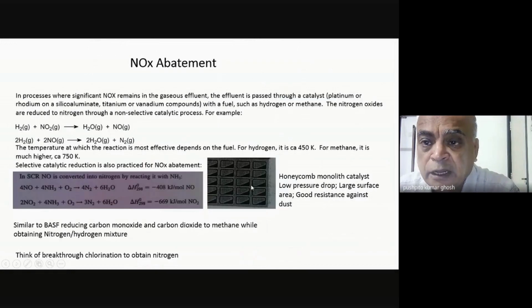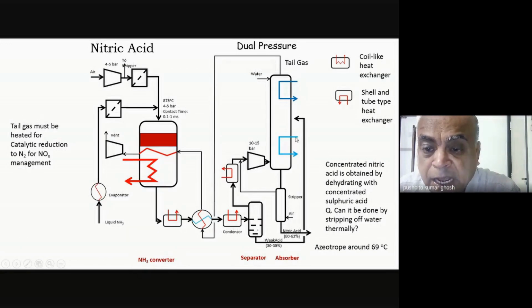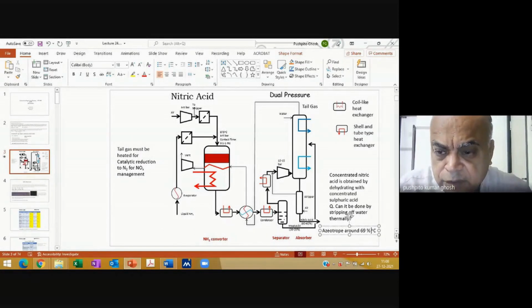Over here, what is happening is that after this second absorber, the nitric acid that you're getting is something like 60 to 62%. The azeotrope of nitric acid is at 69% nitric acid.